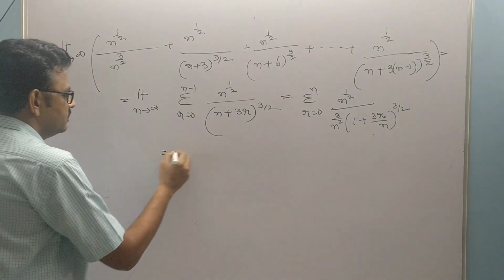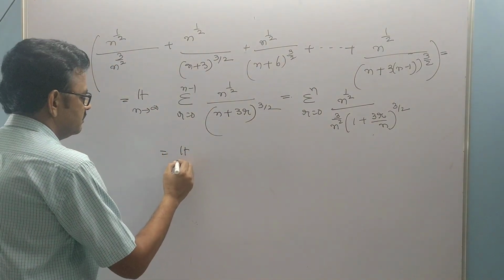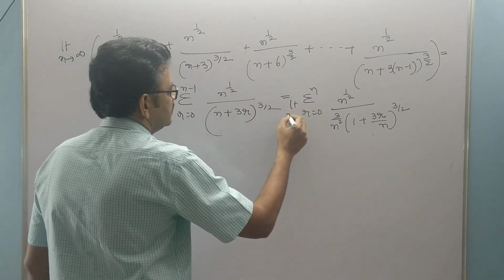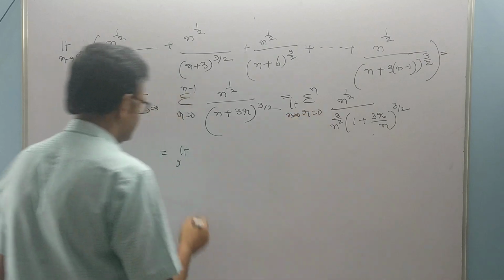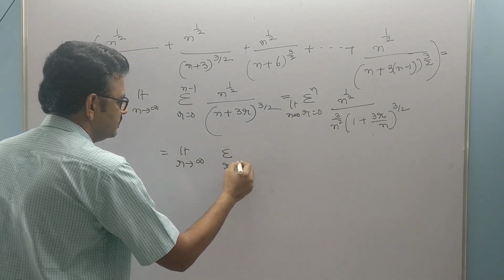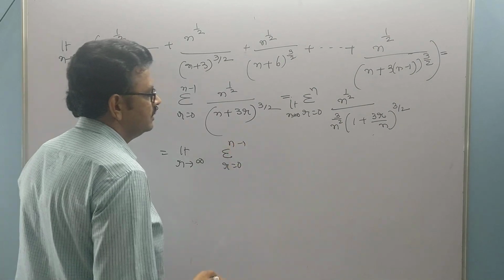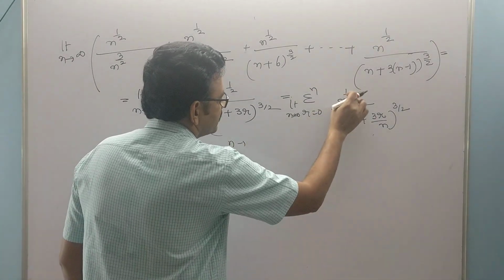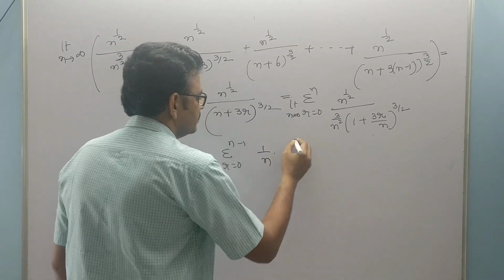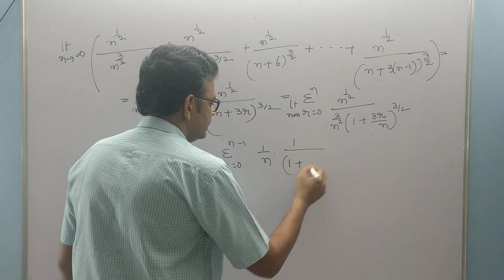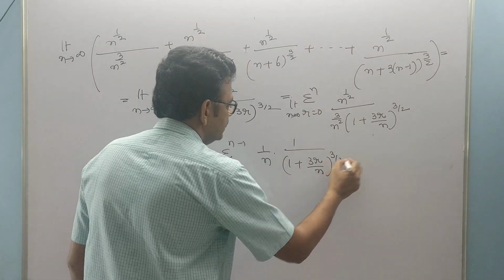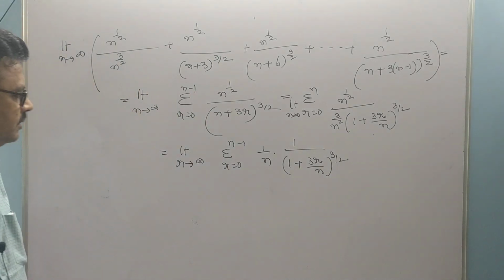So that is equal to limit n tends to infinity, sigma r equal to 0 to n minus 1. So n power 1 by 2 gets cancelled, that is 1 by n, into 1 by 1 plus 3r by n whole power 3 by 2. Okay.